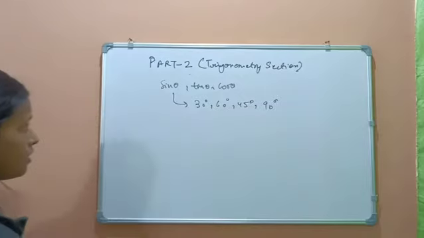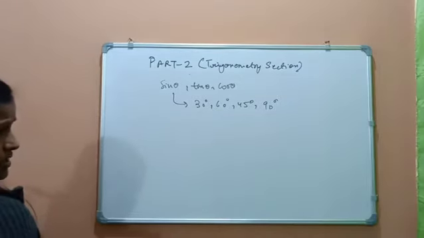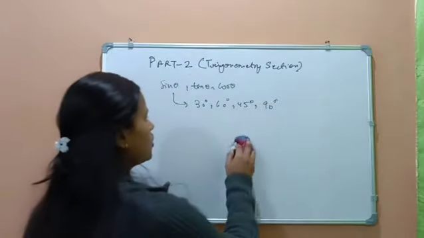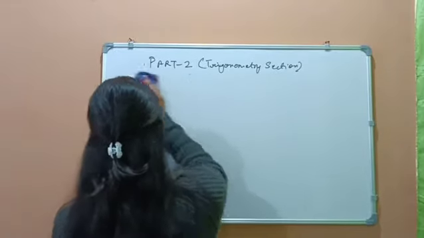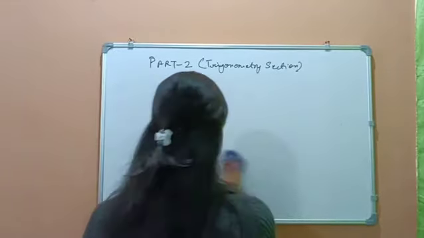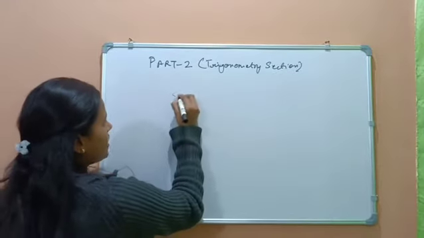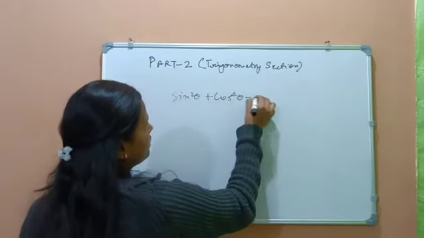Okay. So this was the rest of the trigonometric section. For 9th and 10th students, you don't need to learn more about these trigonometric ratios. Now I'll teach you why sine squared theta plus cos squared theta is 1.